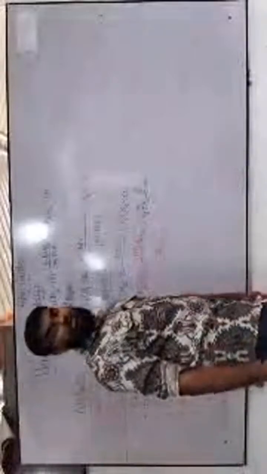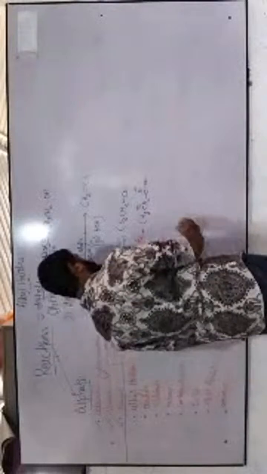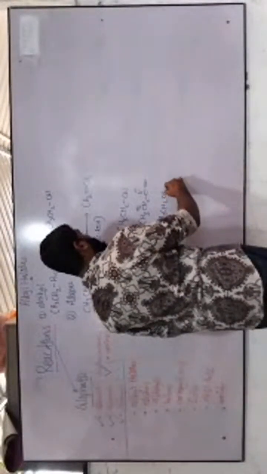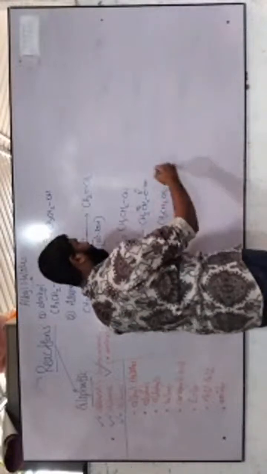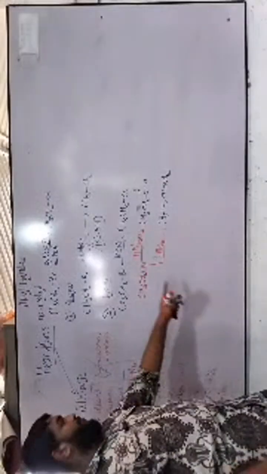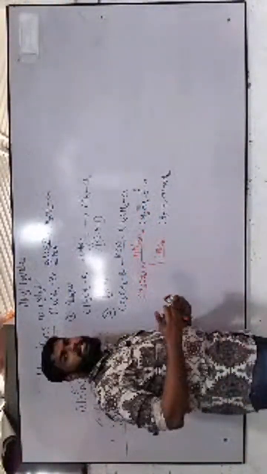You can use dilute H2SO4 or dilute HCl and water to get carboxylic acid. If you reduce this, it will go below the cyanide to form amines. You will get CH3 CH2 CH2 NH2. So this is what you get once you hydrolyze this to carboxylic acid, and once you reduce it using lithium aluminium hydride.